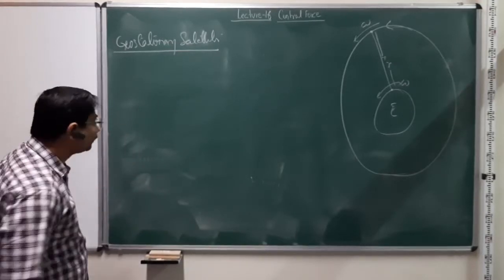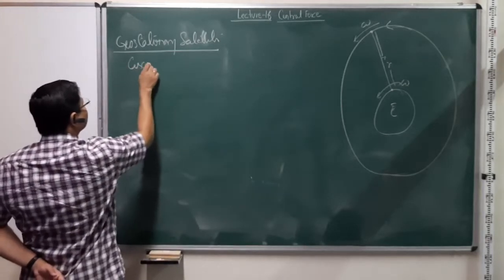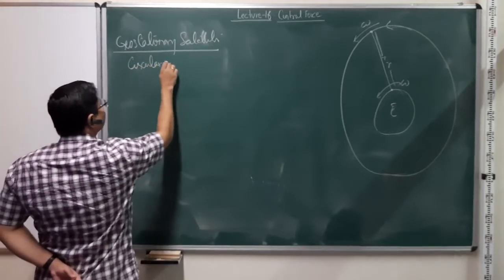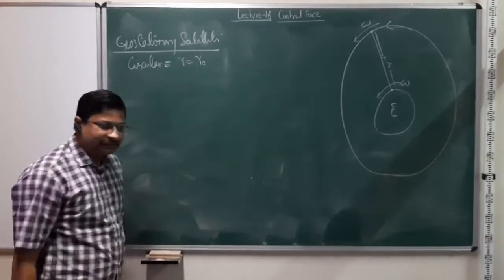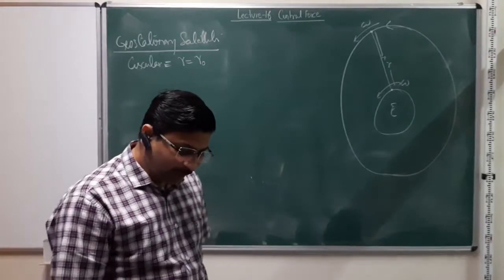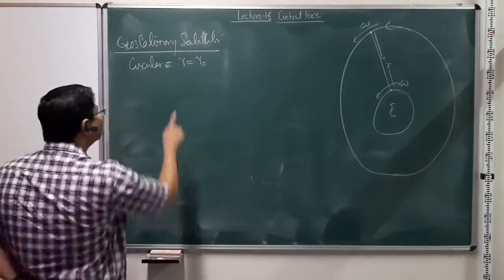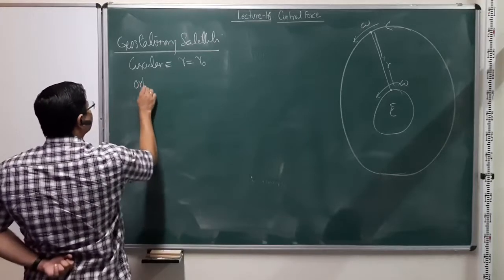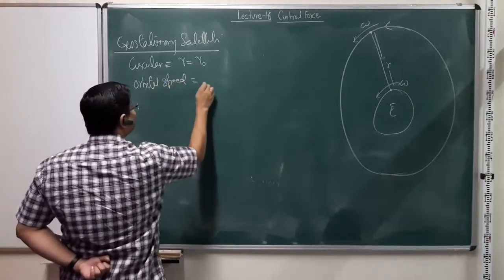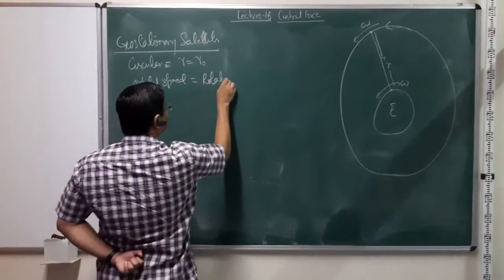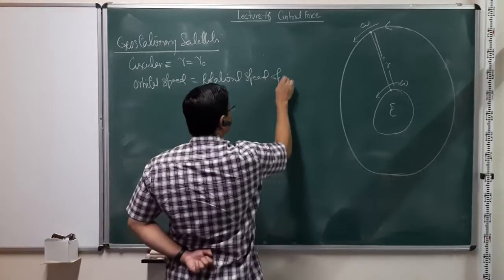Right? So what we want is, first of all, the orbit is circular, and so that means it has a particular distance which is maintained for all the angles. Right? So r0. Also, the orbital speed is equal to the rotational speed of Earth.